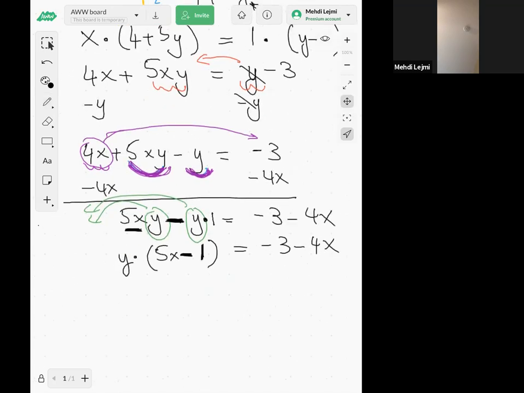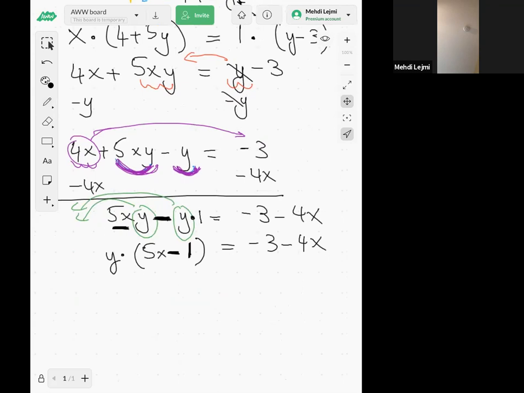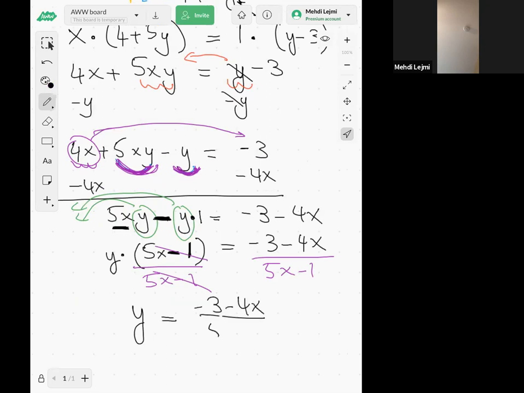All right, so you see now I can divide both sides by 5x minus 1. So then I can get y. So my y would be negative 3 minus 4x over 5x minus 1, and that will be a fine answer.